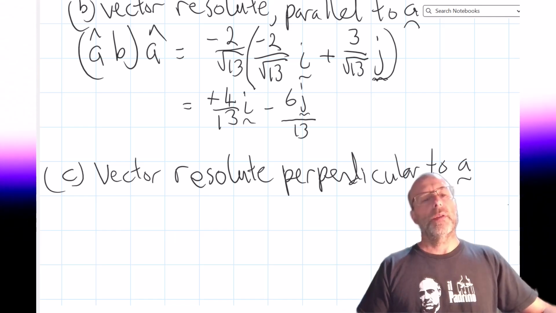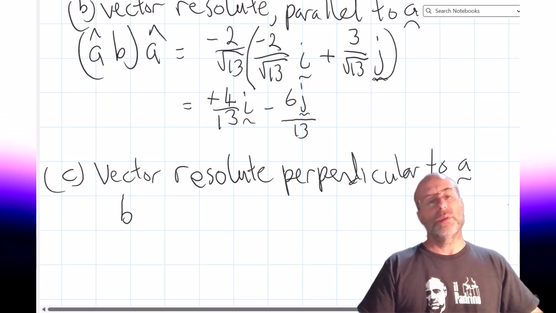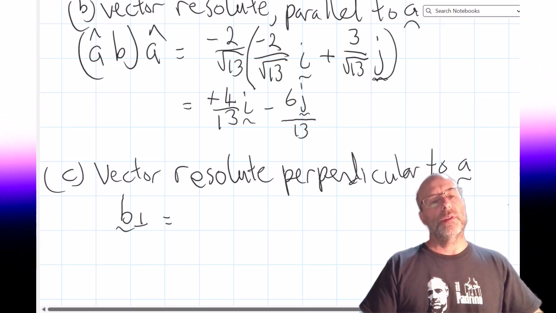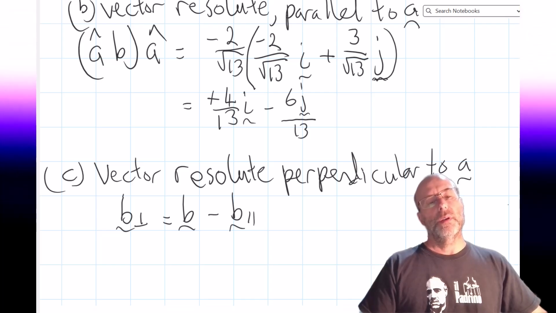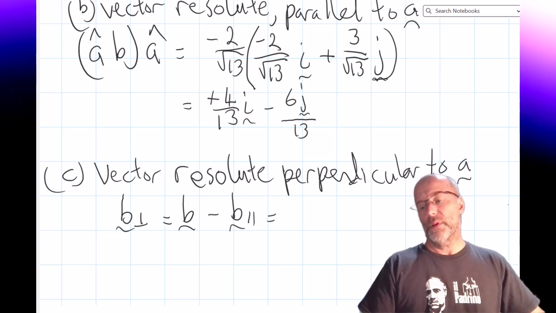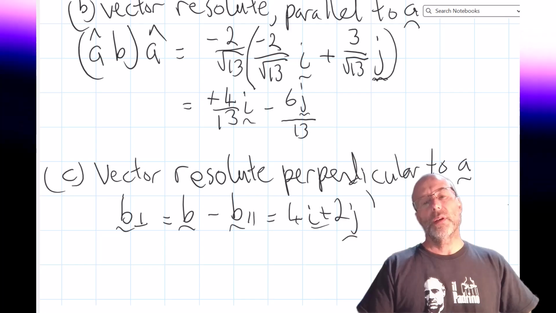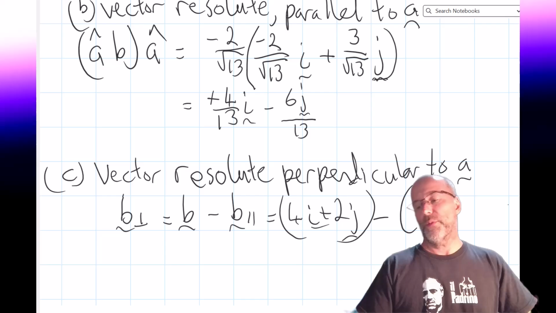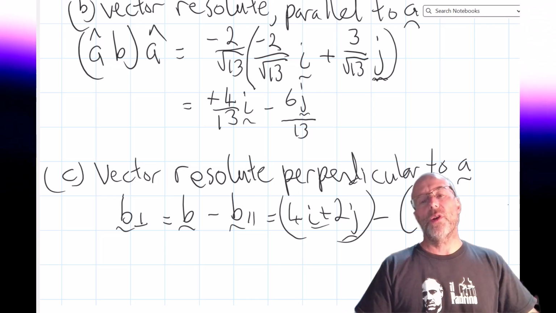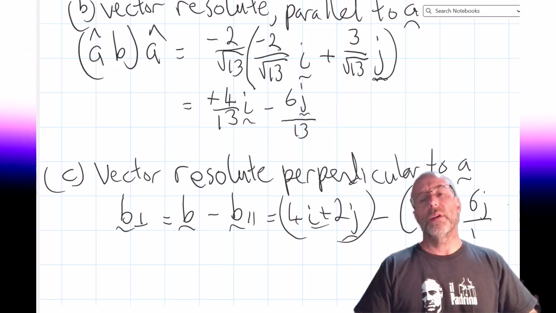The third thing, vector resolute perpendicular to A. This is where we use subtraction. So that's the symbol, and we go B minus the parallel resolute, and we have all those bits of information. Just have to be careful of subtracting negatives and whatnot. And 6j over 13.